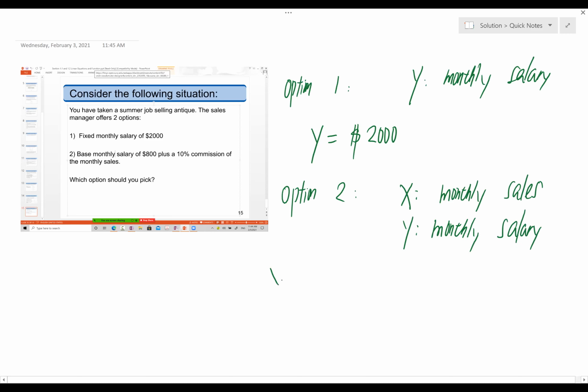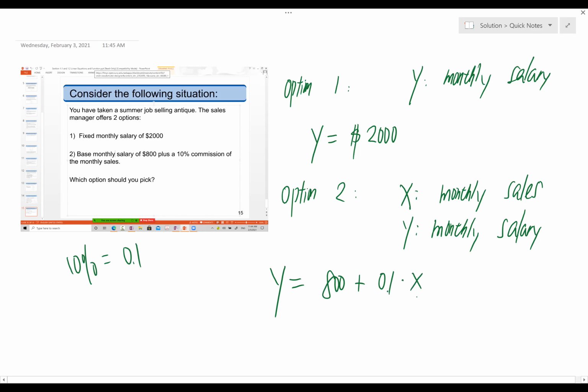Now what is Y equal to? Can anybody come up with the idea? 800 plus 0.10x. Very good. So the base salary, fixed salary of $800, plus 10%. That's 0.1, so you're converting 10% to a decimal number, which is 0.1 times x.